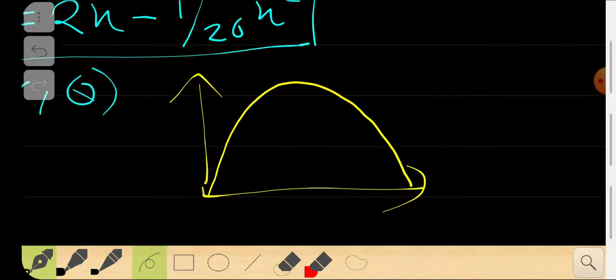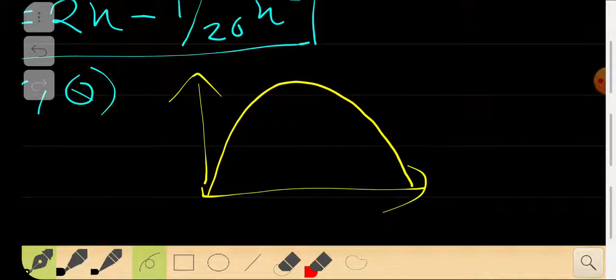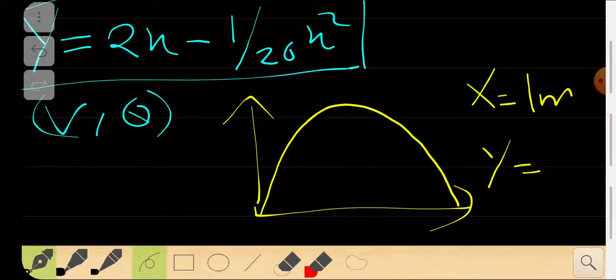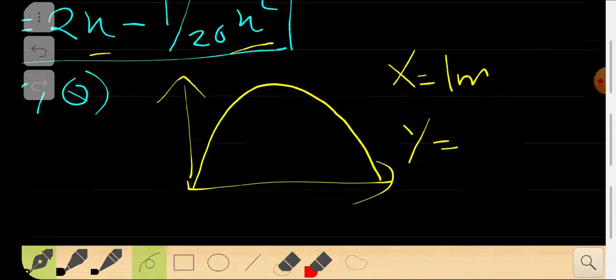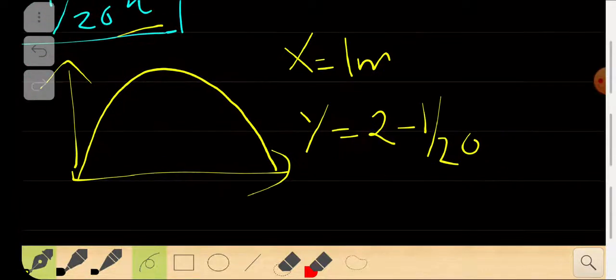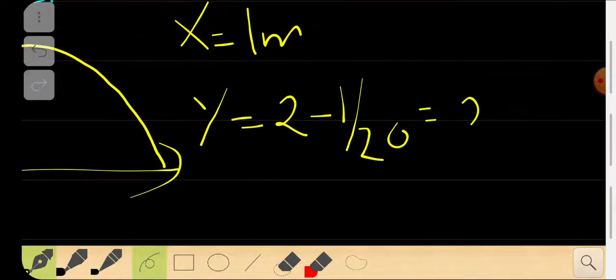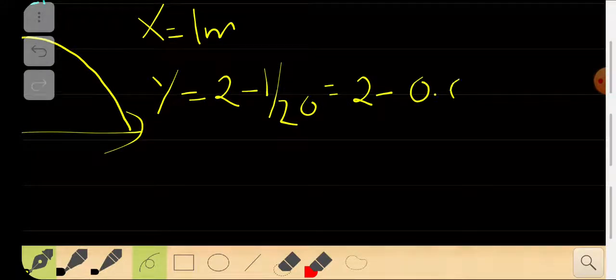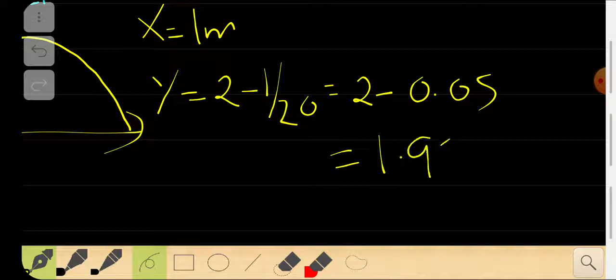The other thing is that if I assume x equal to 1 meter, then substituting that back into the equation, y is 2 times 1 minus 1 by 20 times 1 square. So you get 2 minus 1 by 20, which is 2 minus 0.05, so that will be 1.95 meter.